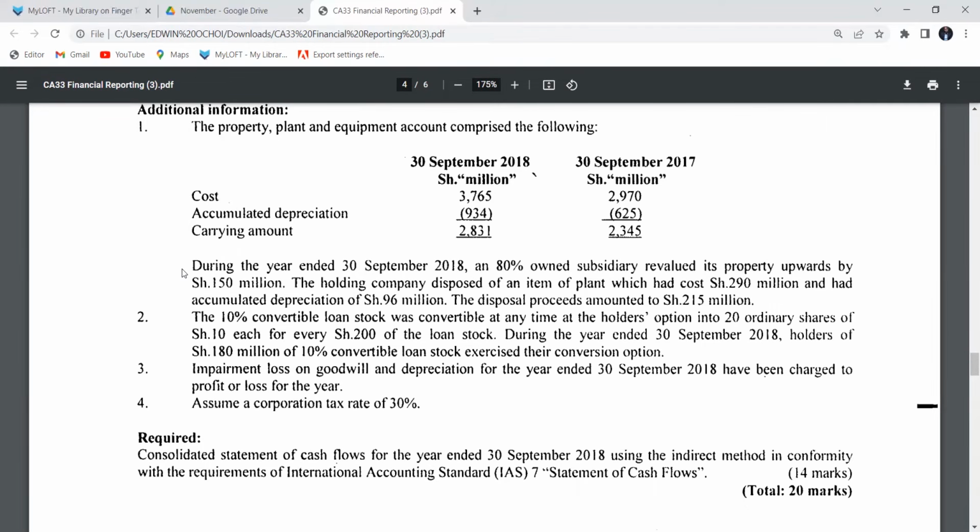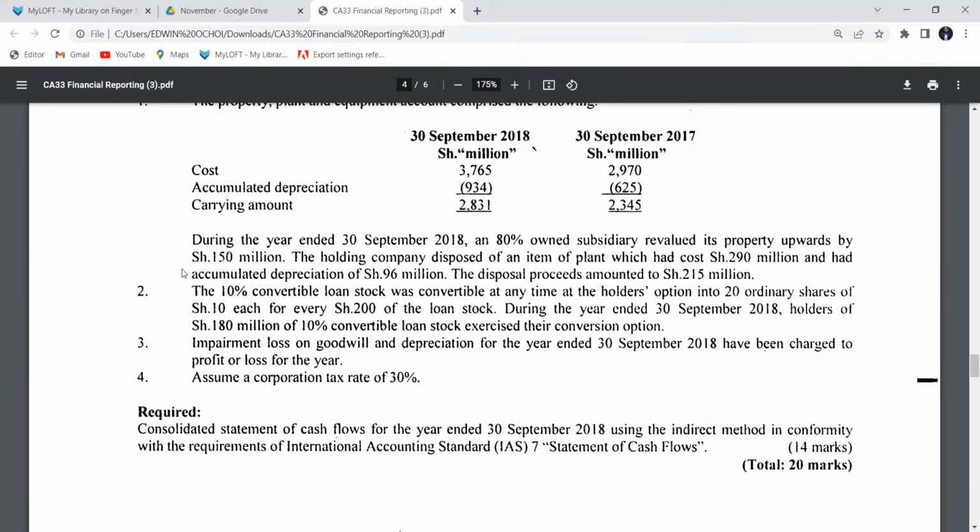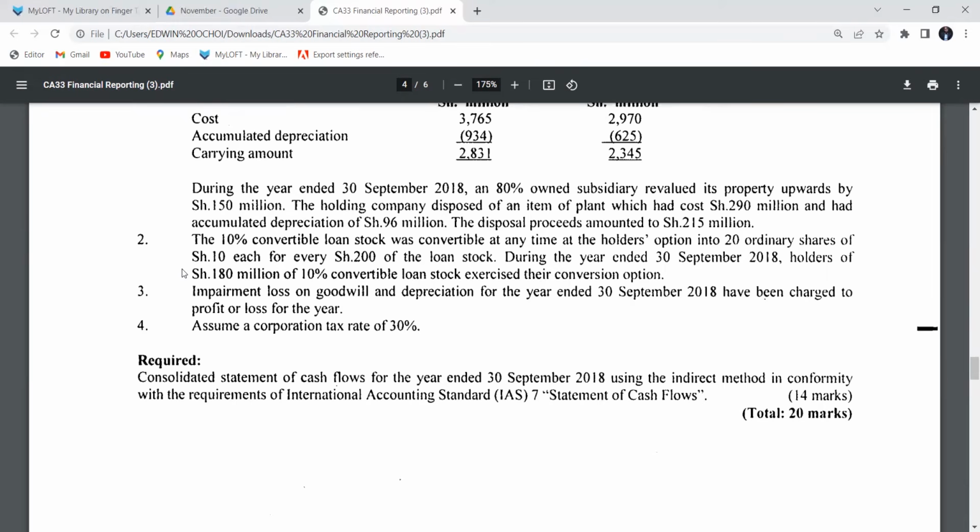Number 3, impairment loss on goodwill and the depreciation for the year ended 30th September 2018 have been charged to the profit or loss. Assume corporation tax rate of 30%. So, prepare the consolidated statement of cash flow for the year ended 30th September 2018 using the indirect method in conformity with the requirement of IAS 7 statement of cash flows.